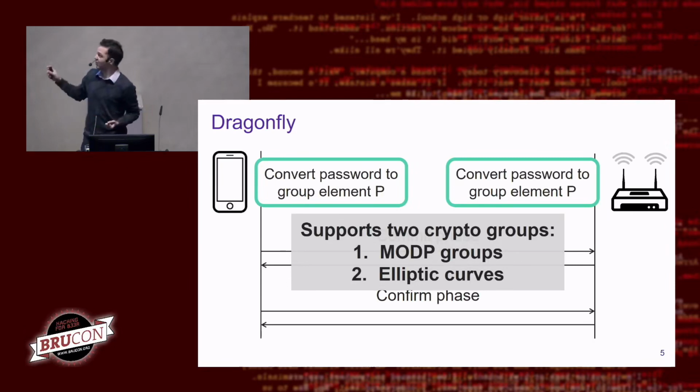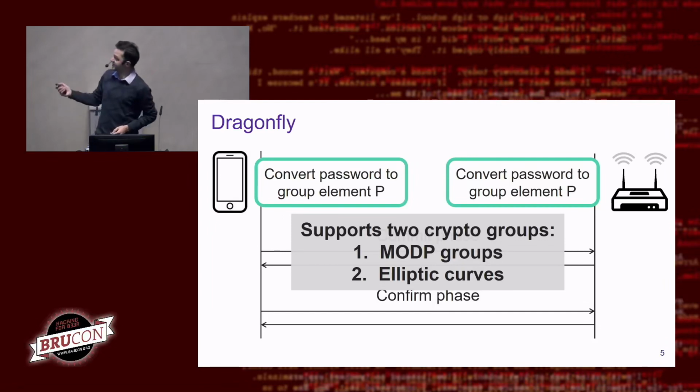The first is called mod P groups, and the second is called elliptic curves. I will briefly introduce both, and I will explain for both variants how the algorithm works that converts the password into a group element P.